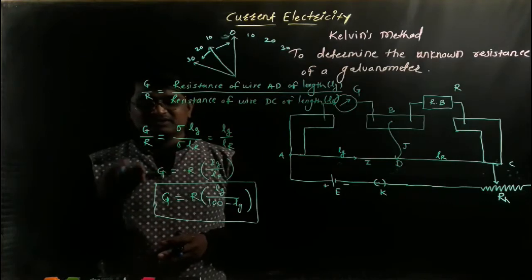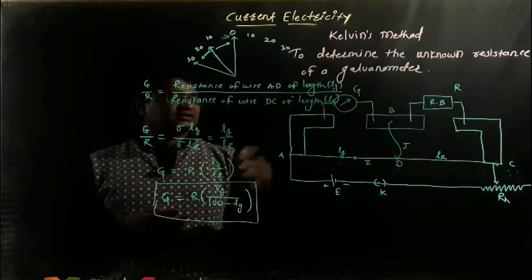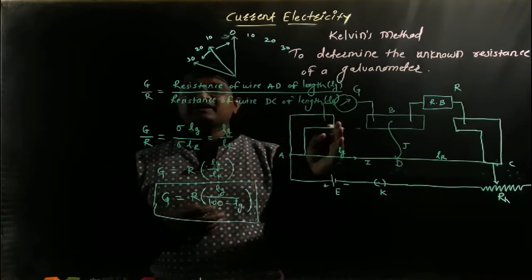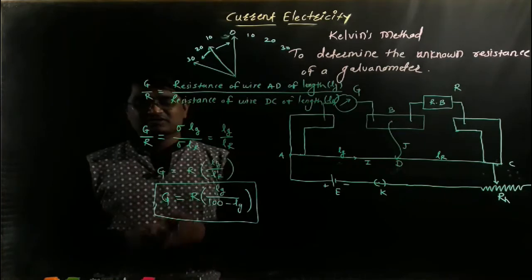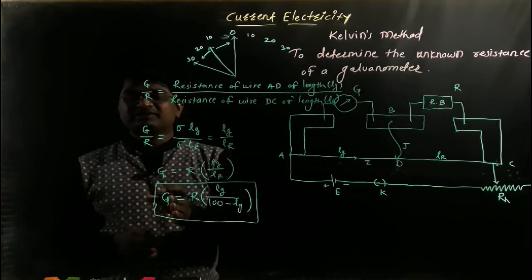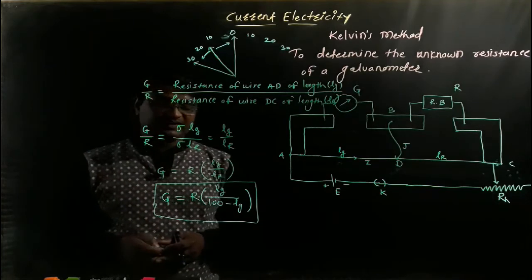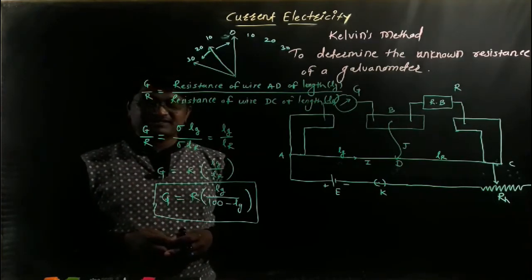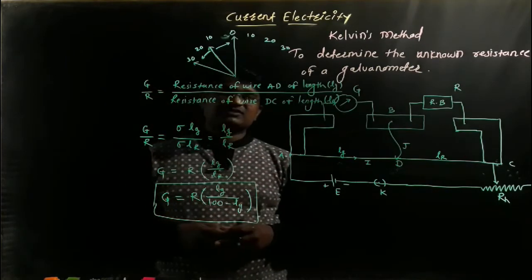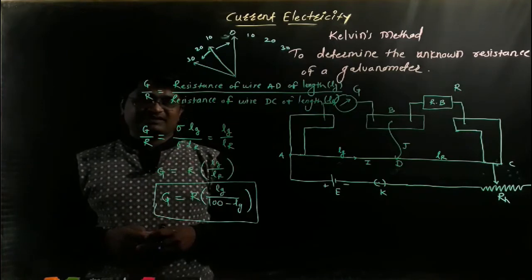Comparing the readings when the galvanometer is connected in the left gap and then in the right gap, we find their mean, and with the help of this we find G, the unknown resistance of the galvanometer. G is equal to R into Lg upon 100 minus Lg.